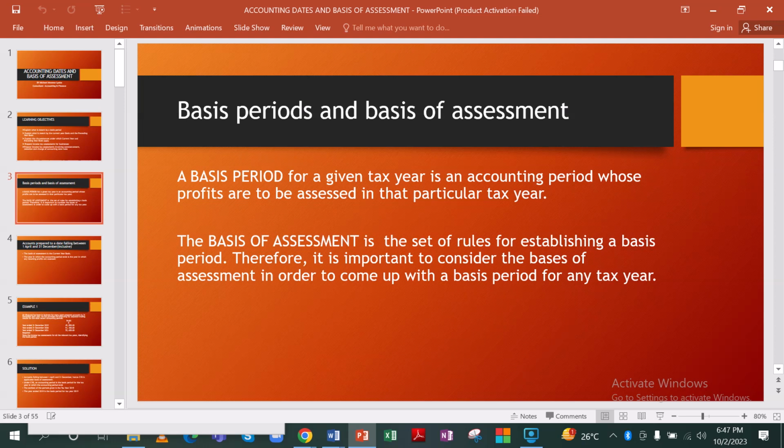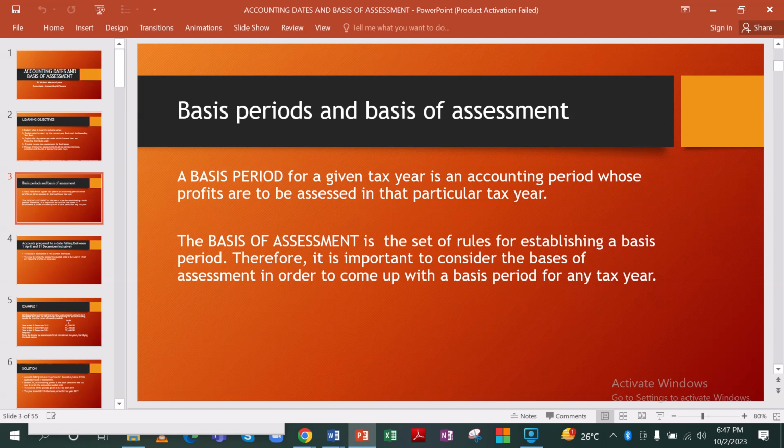Where I explained about the basis period to be a tax year, or for any tax year to be an accounting period whose profits are to be assessed in that particular tax year. Then when I talk about the basis of assessment, this is simply reminding you that the assessment will be by using a set of rules for establishing a basis period.